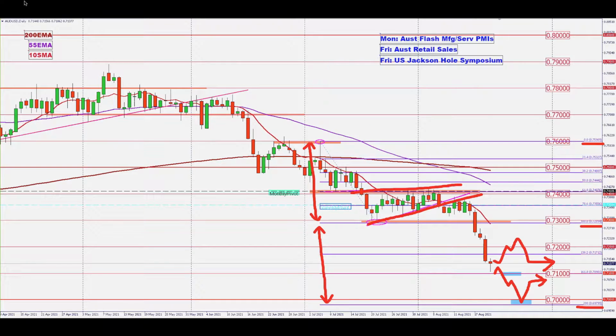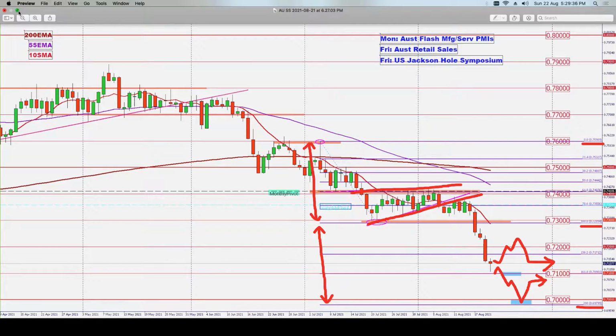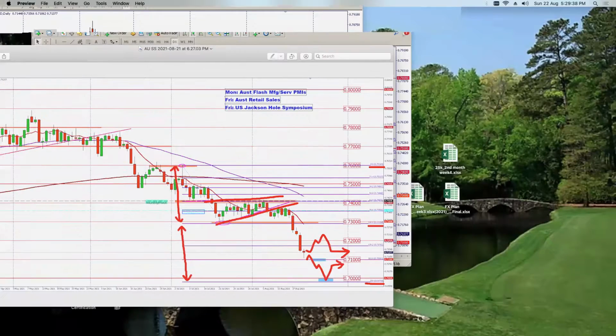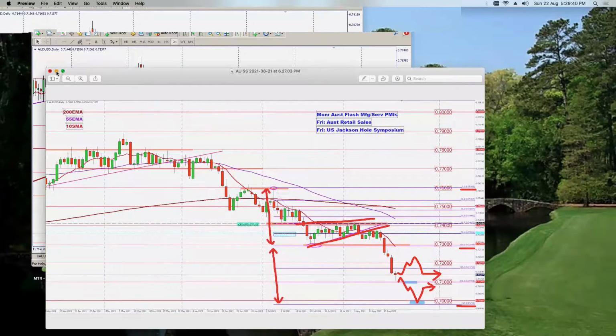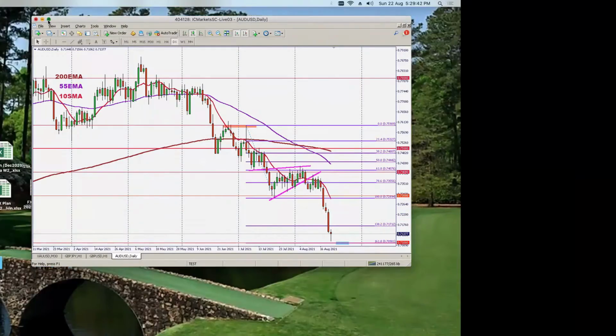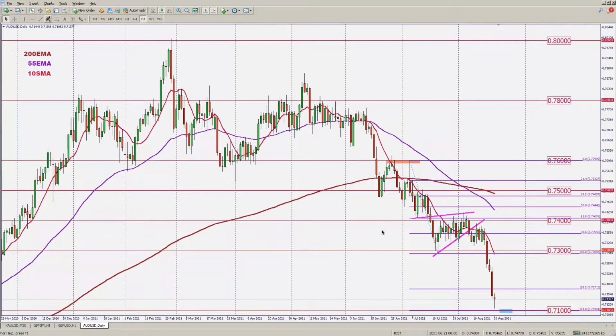All right, so let's continue with the major indicators. I removed some of the indicators here, the weekly pivots and so on.